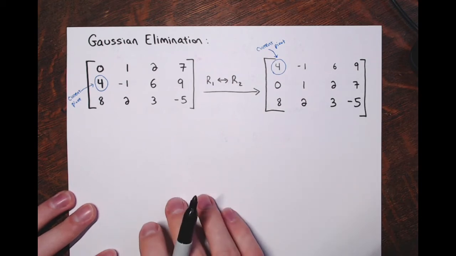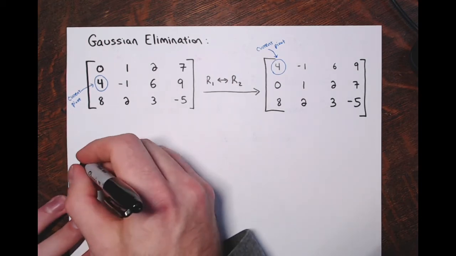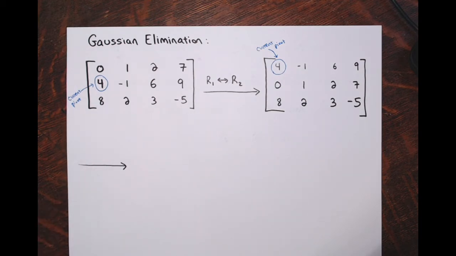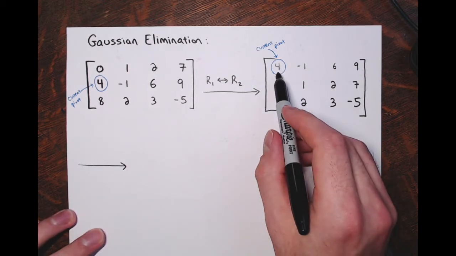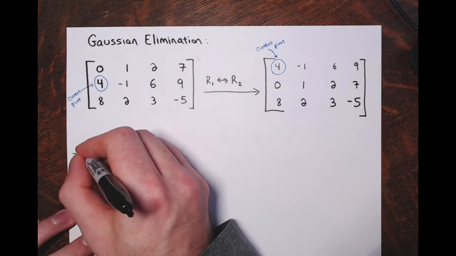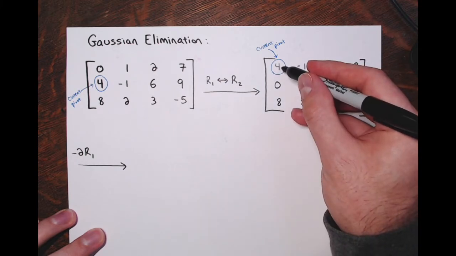And that's using the third type of elementary row operation, where you add a multiple of one row to another row, and then replace that second row. So I'd multiply the first row by negative 2, and that would make this negative 8.